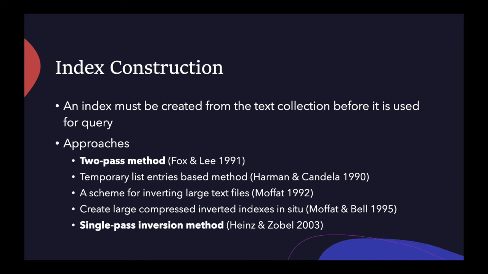An index must be created from the text collection before it is used for query. Researchers have conducted much work to explore more efficient algorithms for index construction. One classical way is the two-pass method. The first pass records various statistic data of the document library.